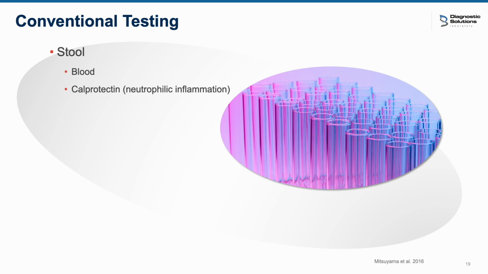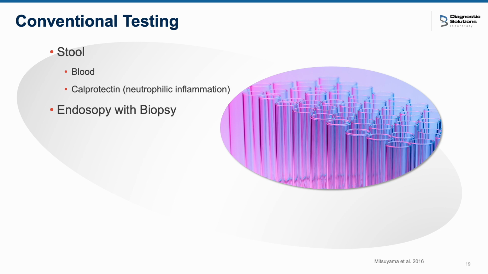We can test blood and calprotectin in the stool, and that is a very common first step to screen for inflammatory bowel disease. If those are found to be high and a patient has enough symptoms, they will go on to get endoscopy. So this is the true diagnostic for inflammatory bowel disease.